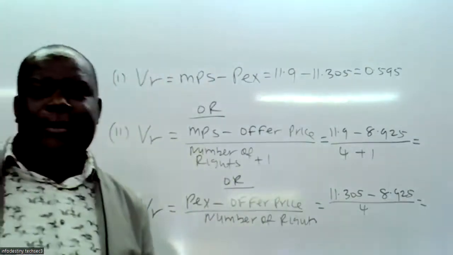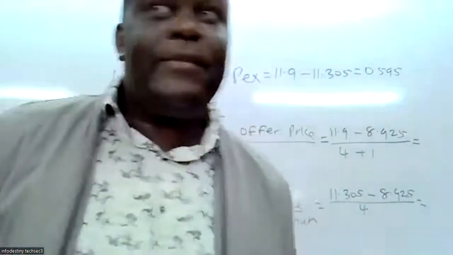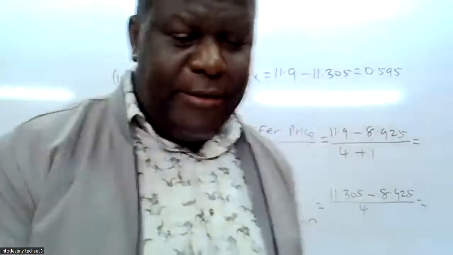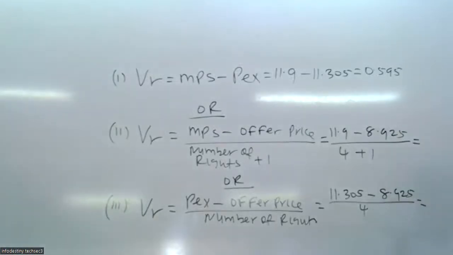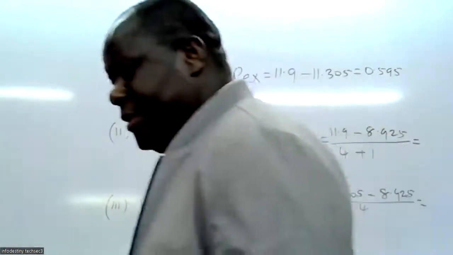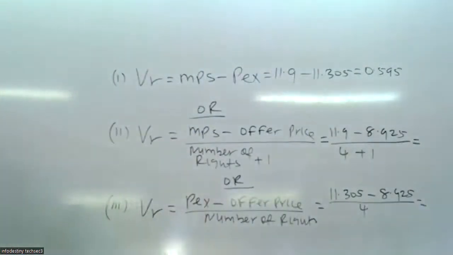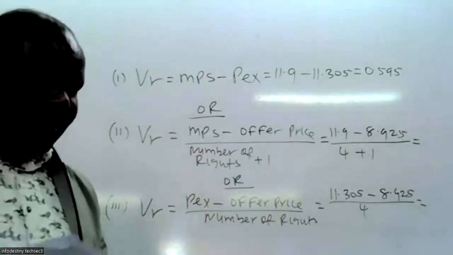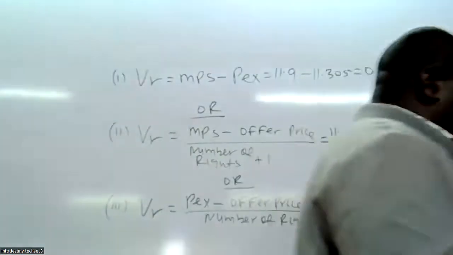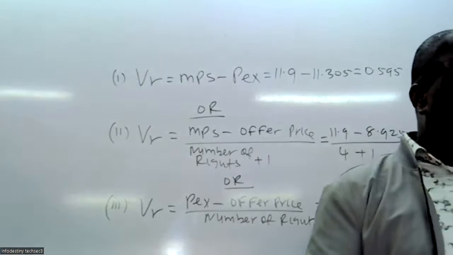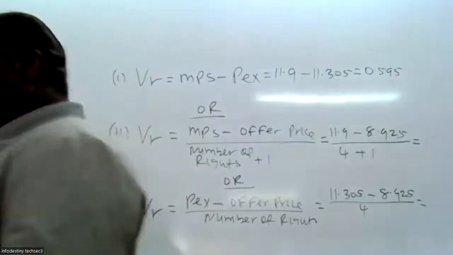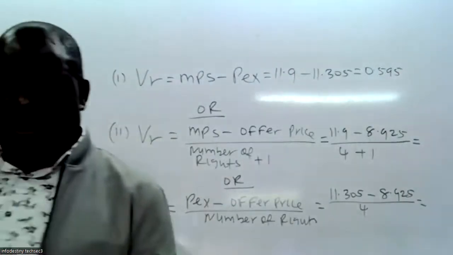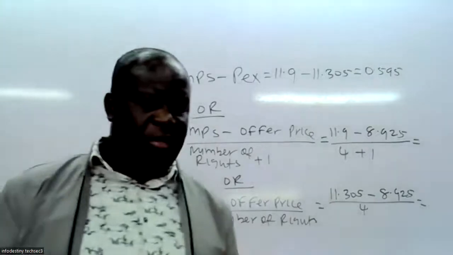So let us now go to the Roman letter 3. So when we go to the Roman letter 3, they were saying that assuming an investor held 5,000 ordinary shares of the company before the right issue announcement, and 15,000 in the shares savings account.